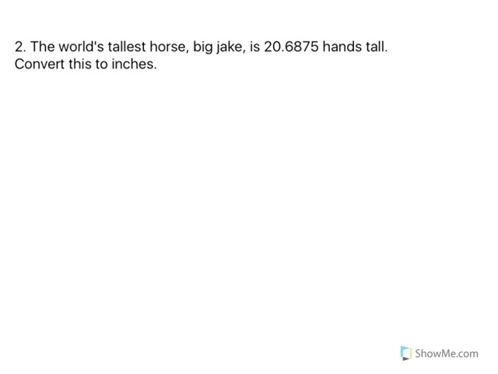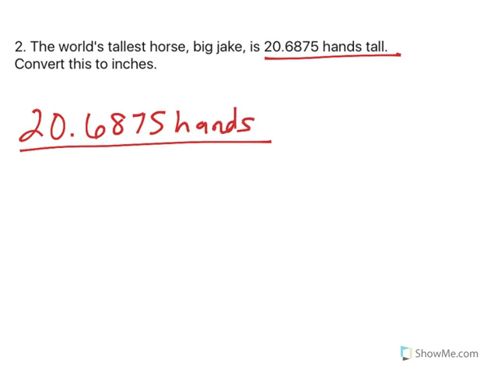So in number 2, we're going to use the ratio 1 hand to 4 inches. The world's tallest horse, Big Jake, is this number of hands tall. So you'll see we are given 20.6875 hands. Labels are super important when you're doing conversions. Now, when I'm deciding what to multiply by, look at your labels.